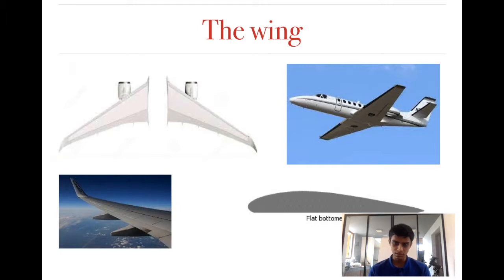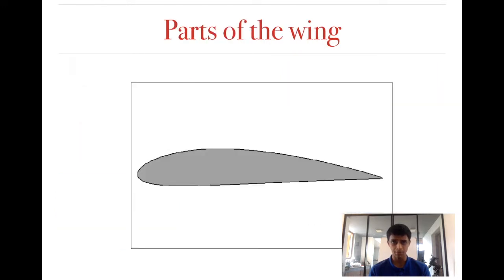Now this type of aerofoil is called a flat bottom aerofoil. That's why it's labeled as flat bottomed. This is the shape which will cause lift. We'll talk about that in a few more slides. But for now, let's just talk about the basic parts of the wing.